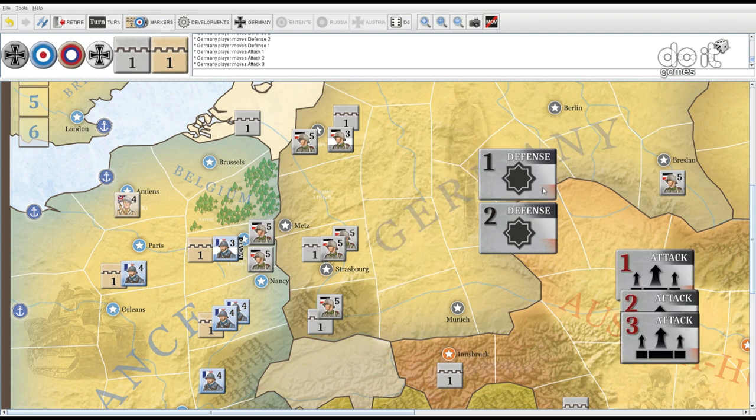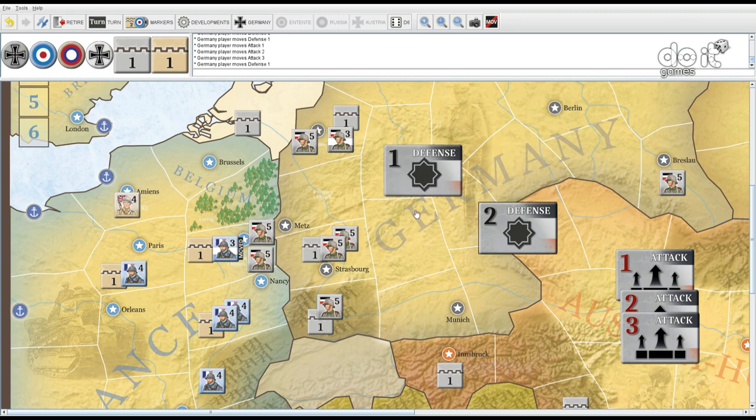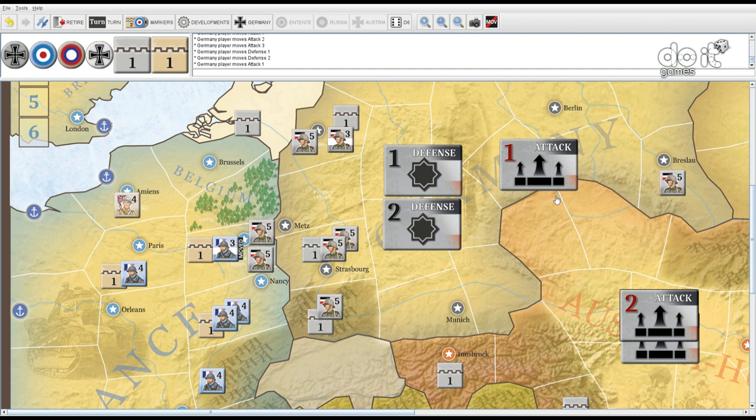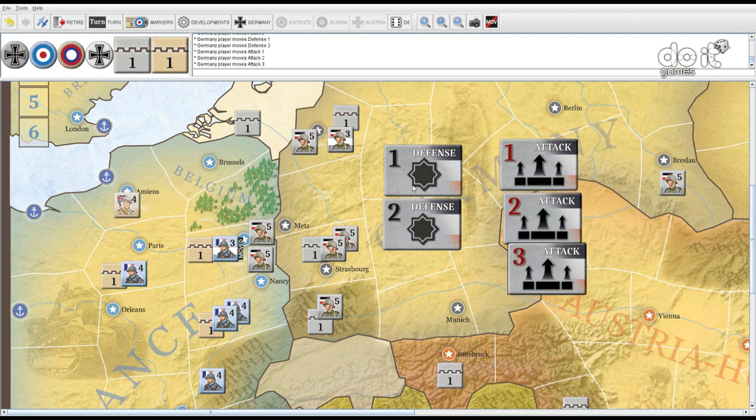Imagine that those are the technologies of the French and those are the technologies of the Germans. In a combat, the defender can use the defense technology and the attacker can use the attack technology. Imagine that the Germans have developed all of them and the French have developed all of them.